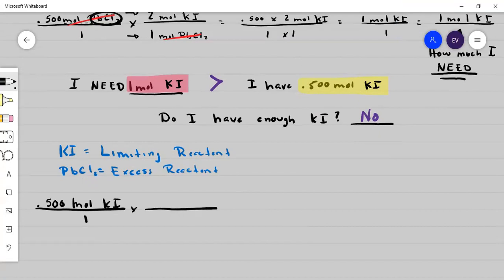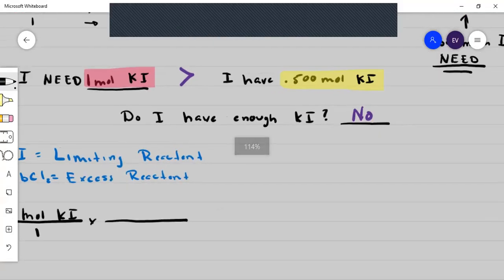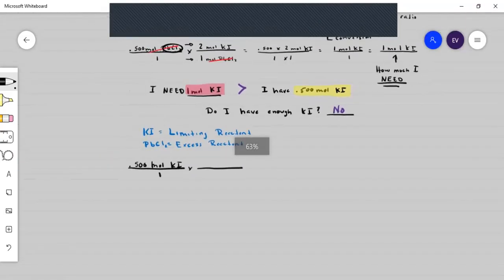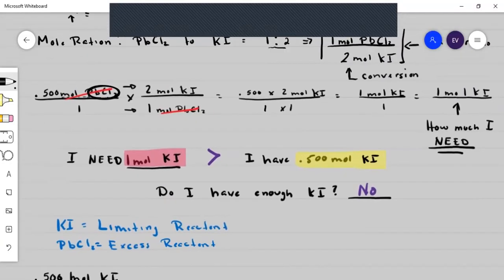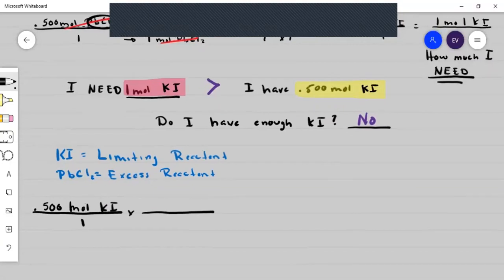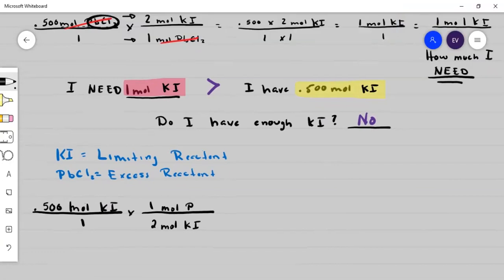This is 2 moles of potassium iodide to 1 mole of lead 2 chloride.